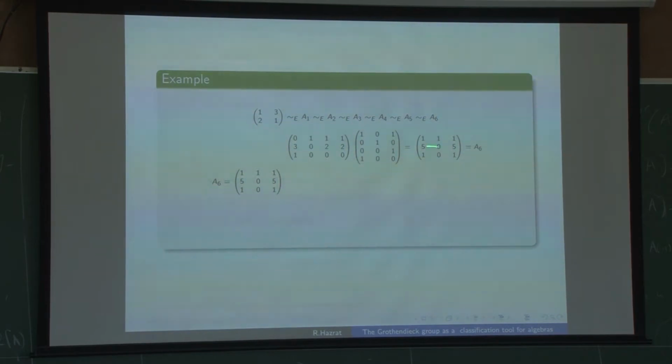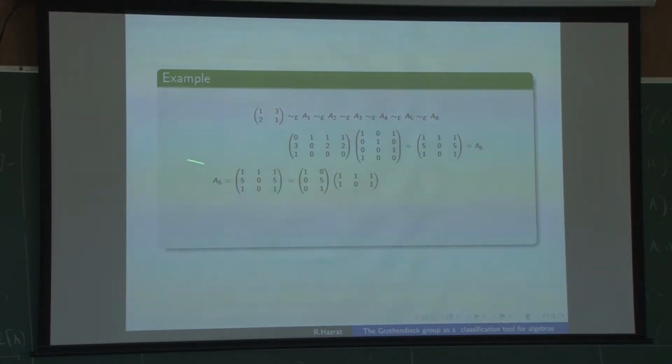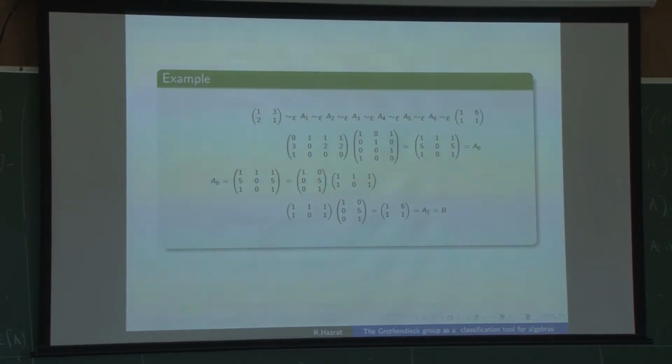Good. So A6 is elementary to A5, A5 elementary to A4. I come up with two other matrices. You see they are getting smaller. And then I arrive at B. So I just proved that this one is strongly shift equivalent to this one.